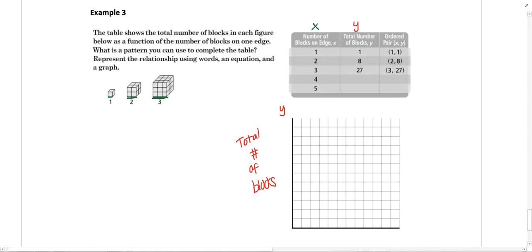Okay, in this one, it's going to get pretty big really quick. So think about going by maybe something big. Once you decide what you want to go by, once you get your numbers. And then this axis over here is going to be the number of blocks on the edge.